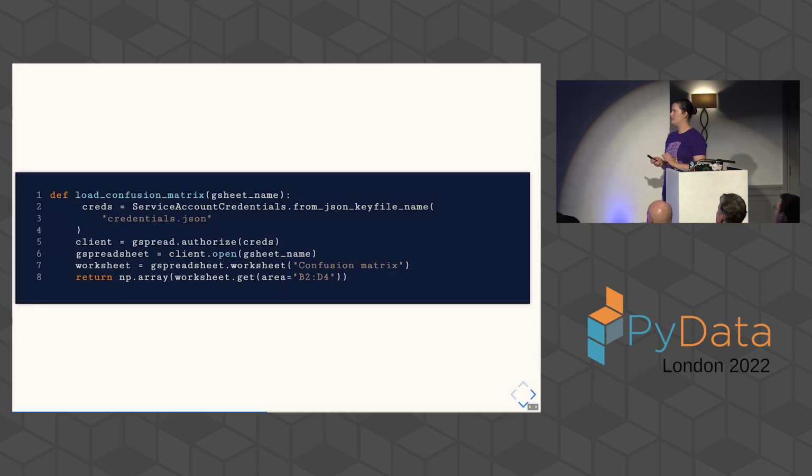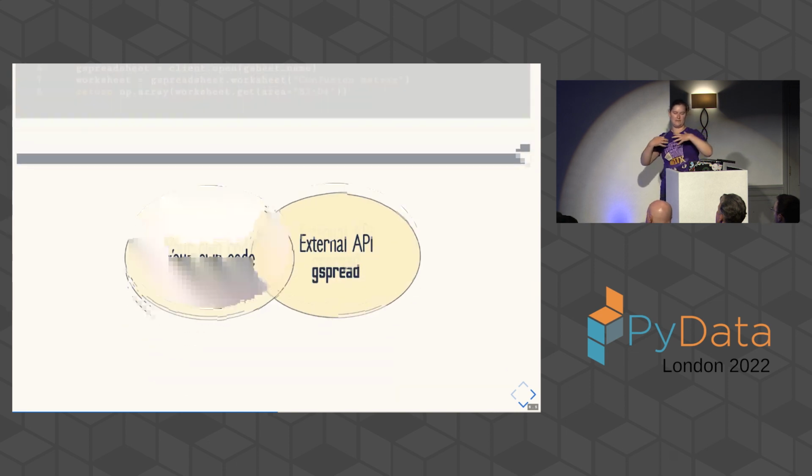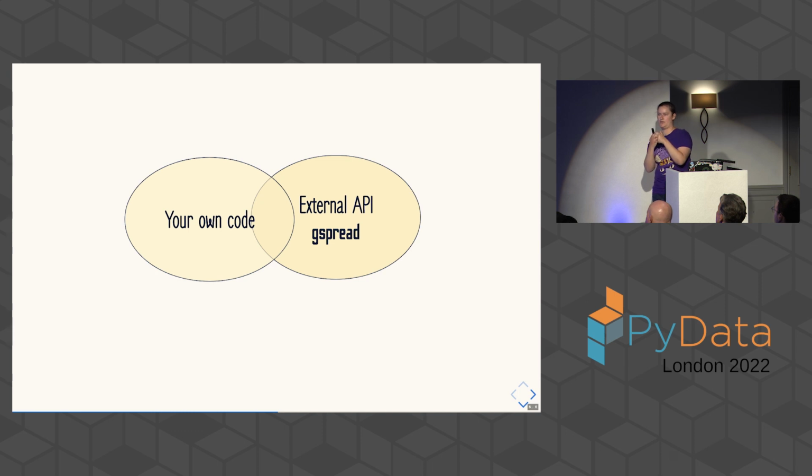Okay. Let's have a deeper look at the loading function. There are a lot of things here which you don't really care about. There are things that are required by this JSpread third-party library to interact with the Google API, but it really feels like your own code is deeply intertwined with it.